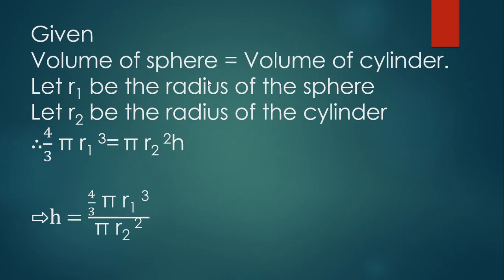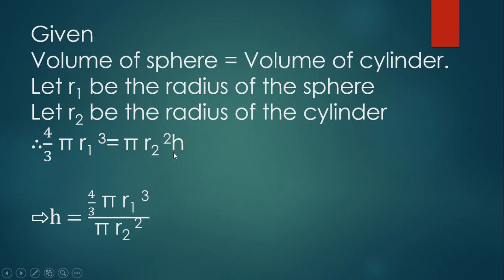So let r1 be the radius of the sphere and r2 be the radius of the cylinder. We know that the volume of the sphere is equal to the volume of the cylinder, so we are equating both of them. 4 by 3 pi r1 cube is equal to pi r2 square h, where r1 is the radius of the sphere, r2 is the radius of the cylinder and h is the height of the cylinder.